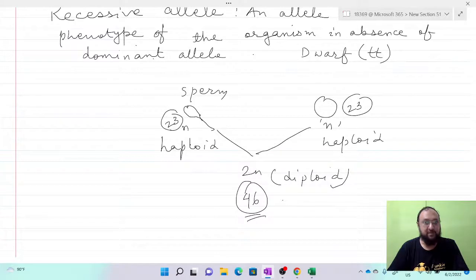So tomorrow we will continue with the monohybrid cross and dihybrid cross, the crosses he did to study the transmission of characters from parents to offspring, and the laws he formulated.